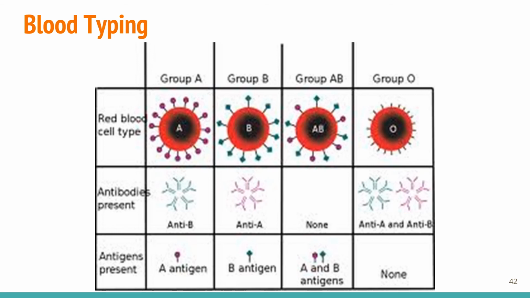Anti-Rh antibodies, however, appear in the plasma of an Rh negative person if Rh positive red blood cells have been introduced into their bodies, like in pregnancy. Okay. All right. Moving on.